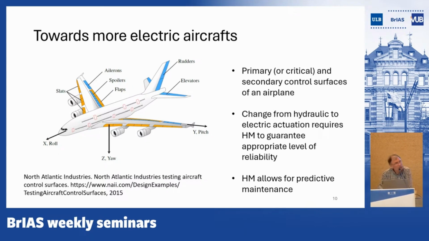It has several advantages. The removal of the hydraulic circuits limits the weight of the plane. It also avoids using hydraulic fluids, which are far from nice from the environmental perspective. So these are the two main issues, and that's why the movement is in that direction.